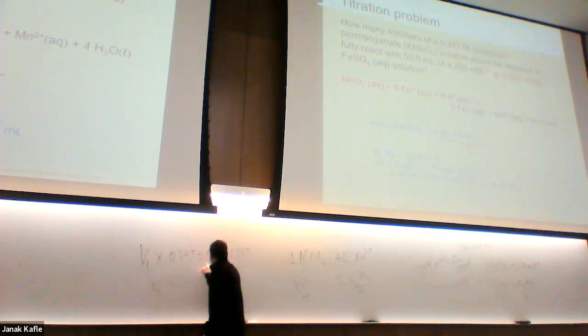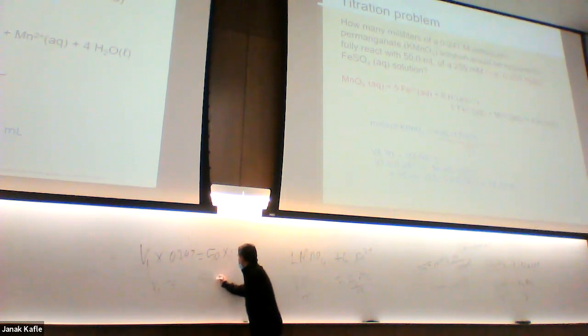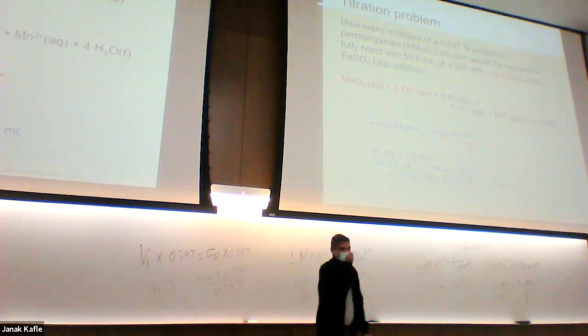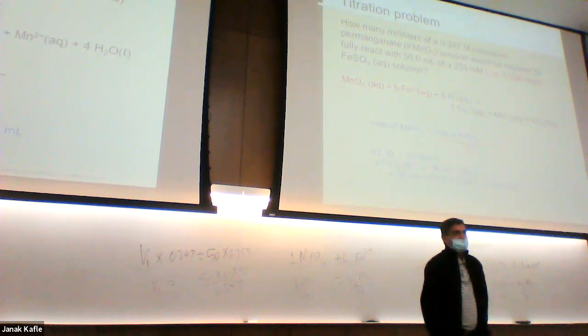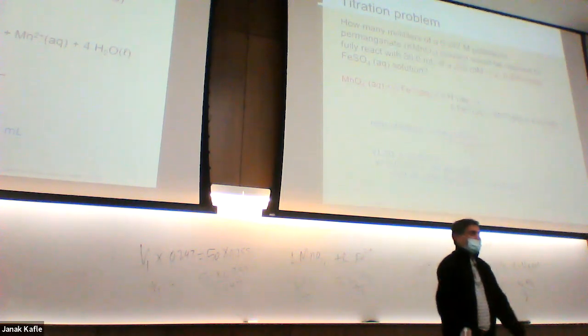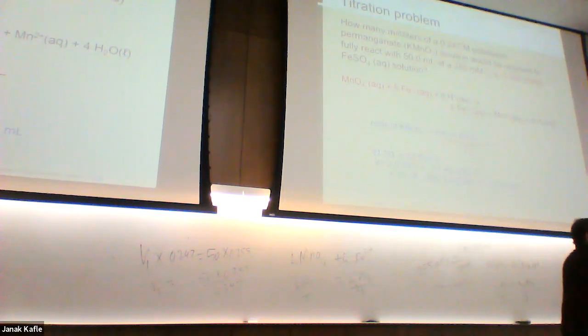V1 is equal to, so this number goes down here, 50 multiplied by 0.255 divided by 0.247. Whatever number comes out is the amount of potassium permanganate I need. Make sense?